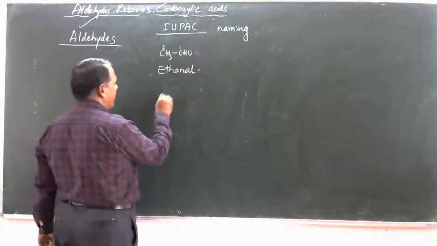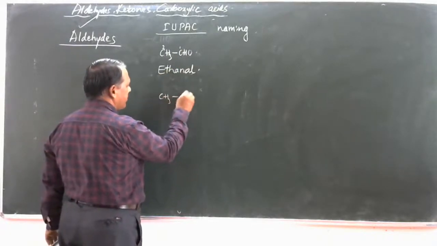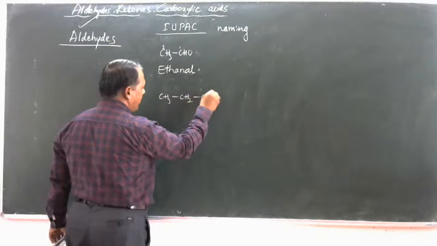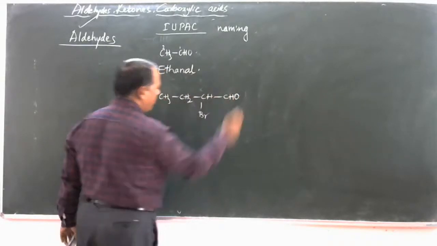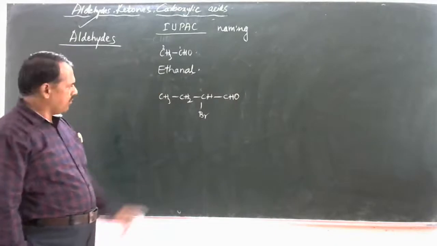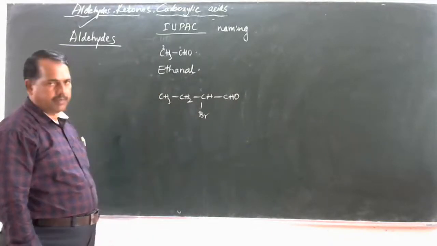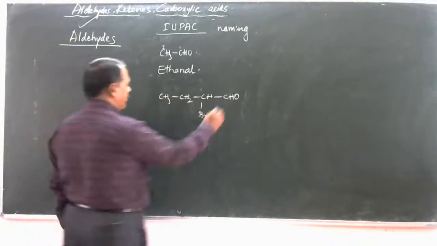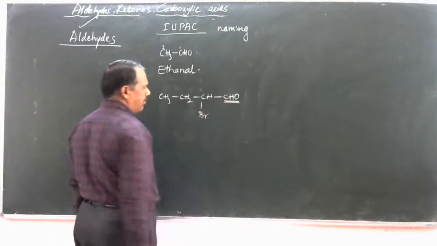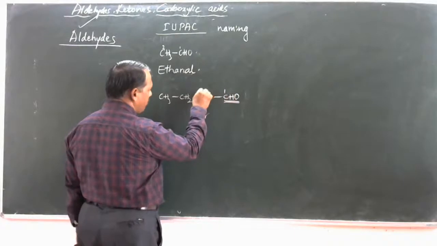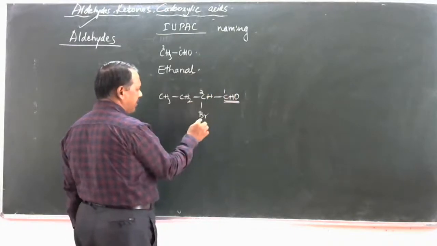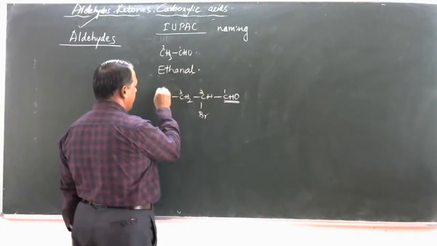Again, CH3, CH2, CHBr, CHO. You have to write its IUPAC name. We have a functional group here, and the numbering of the carbon atoms should start from the functional group. 1, 2. The second carbon atom has the substituent, then 3, 4.